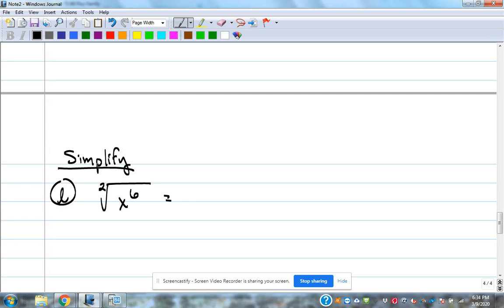Because it's a variable. It can be anything. So if we rewrite this as a fraction exponent, that's going to be x to the what? 6/2. But that reduces, doesn't it? To be x to the 3/1 or 3. What we have to add into this problem is absolute value around that.